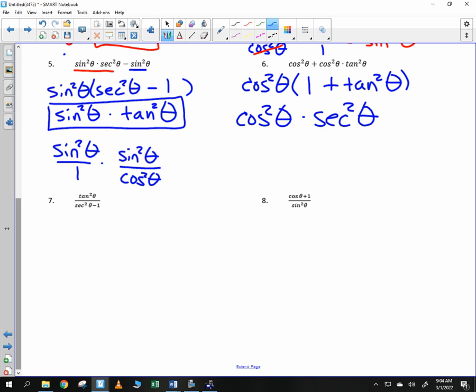They're reciprocals, right? What happens if you multiply reciprocals? Here we have cosine squared of theta over 1 times, how do I rewrite secant? 1 over cosine squared. So when we multiply them, those would cancel and simply give us 1.